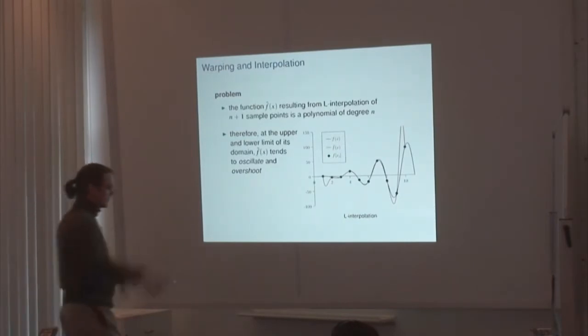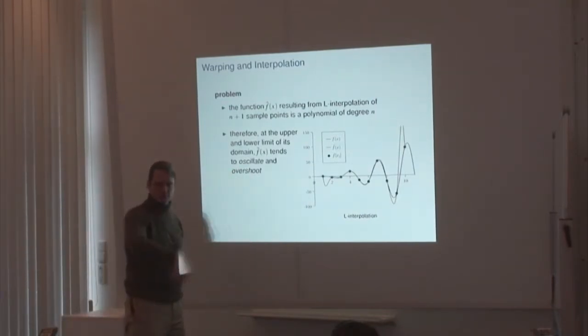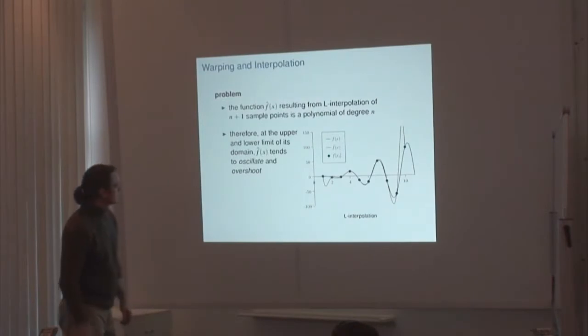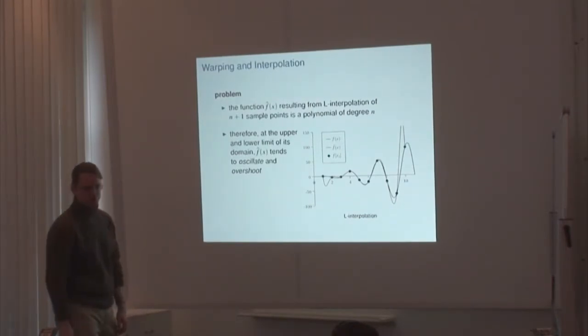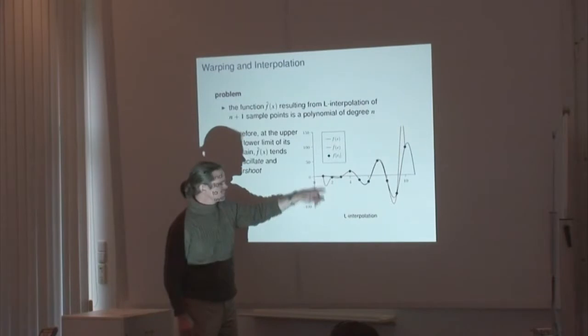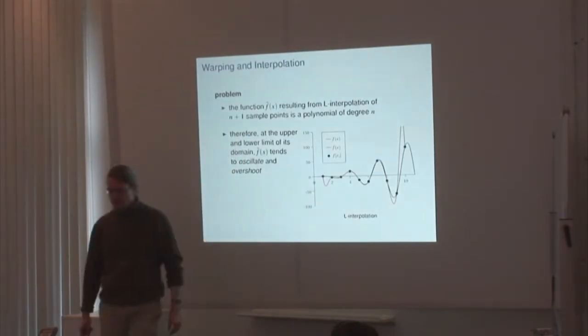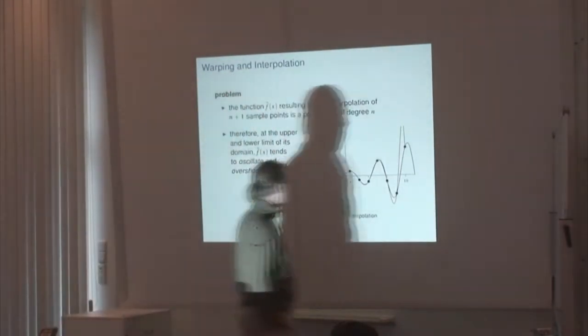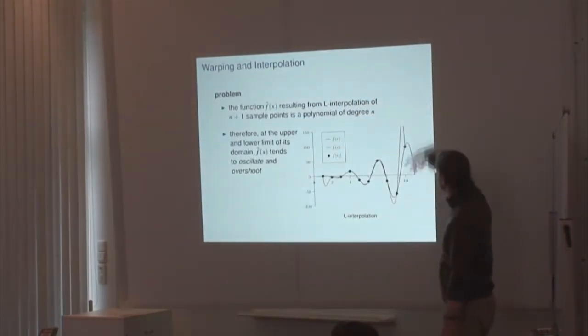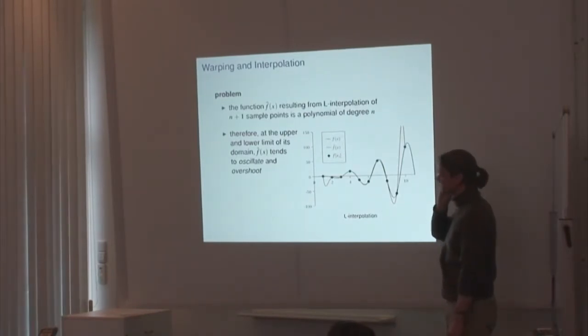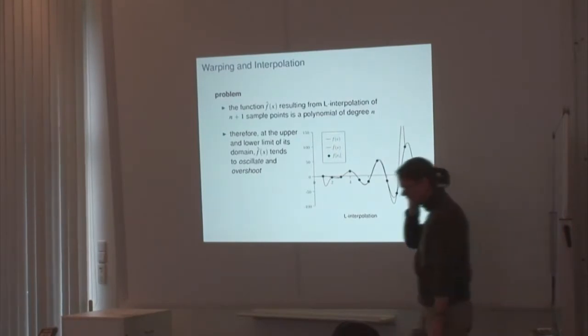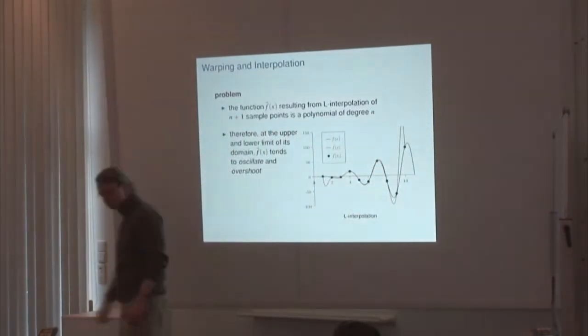And these polynomials of order n have lots of peaks and valleys, and in particular they tend to oscillate, and they will overshoot, as we see here. This is undershooting. This is actually fairly harmless. This is undershooting again, and here this really goes up to, I don't know, a couple of thousand overshooting. So this is not good. We have to think of something better.